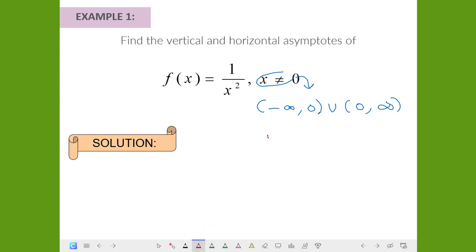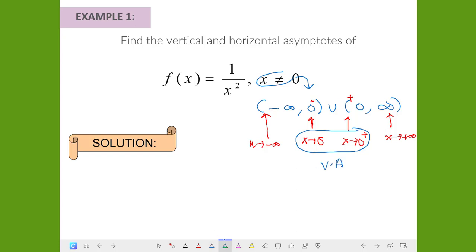You can find the limits when x approaches negative infinity, when x approaches 0 from the left, when x approaches 0 from the right, and when x tends to positive infinity. You should check these four. The two at 0 may produce a vertical asymptote, and the two at infinity may produce a horizontal asymptote.